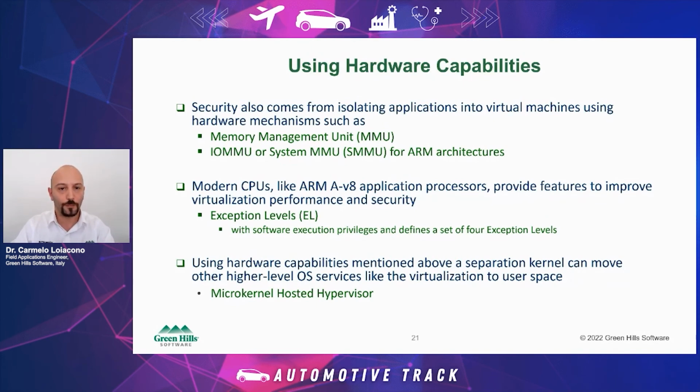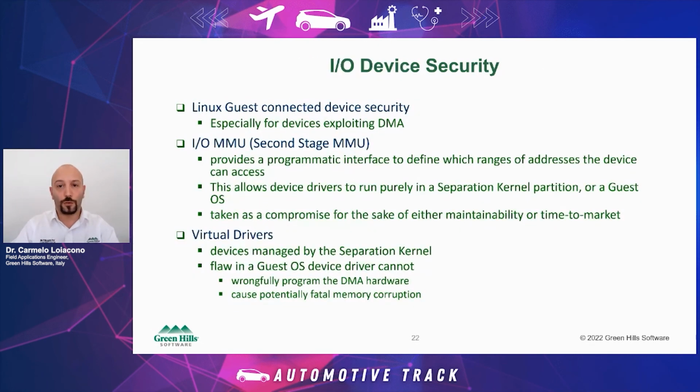So finally, we have to use these capabilities to really separate the critical applications from the non-critical applications and to separate the guest. The I/O device security is also really important because a hacker can exploit DMA, for example, direct memory access, to attack the system. So we have to be careful that the devices are managed by the microkernel.